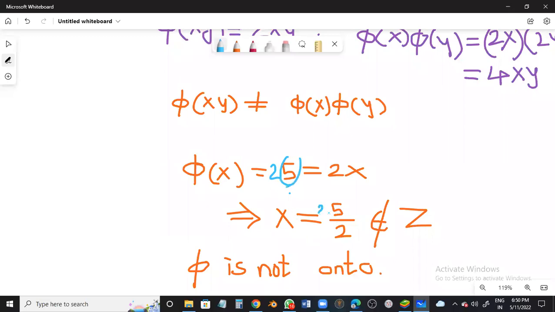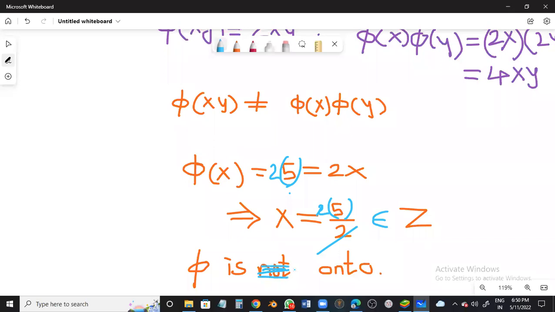So it will be like this, twice 5 by 2. The 2 is getting cancelled. And whatever result you are getting, that is a member of Z. Got the correction? Yes, ma'am. So phi is?